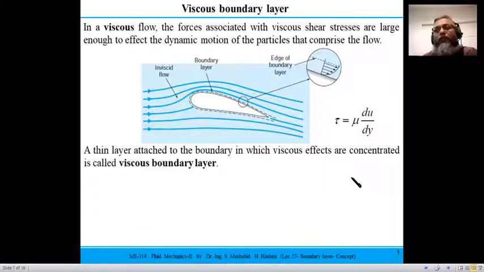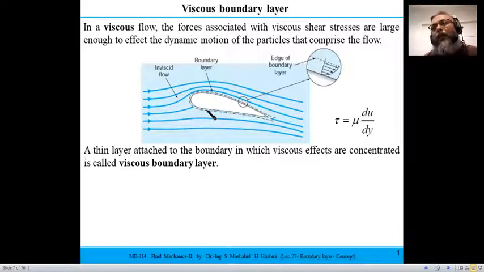So what is the boundary layer, or more specifically a viscous boundary layer? Due to the viscous effect, there is a thin layer attached to the boundary where the viscous effects are dominant, and that is called the viscous boundary layer, or in short, the boundary layer.